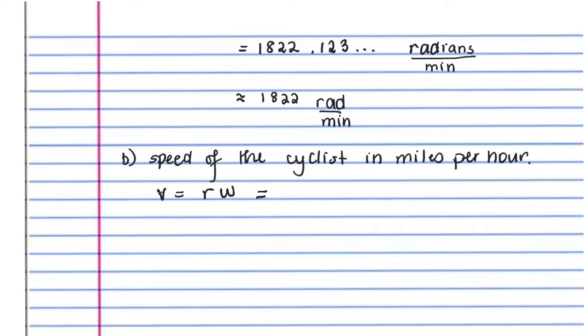We know that the radius of our cycle was 10 inches, and we also know that the angular speed in radians per minute was 290 times 2 pi radians per minute, if you express it with exact values. We just need to make sure that our units are correct. We want our units to be in miles per hour, and we have it in inches per minute.